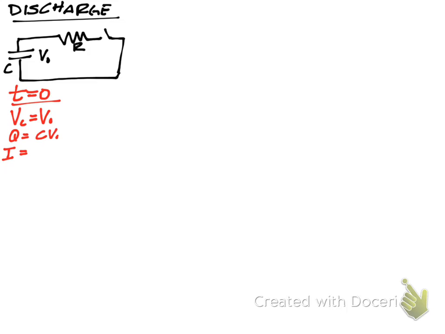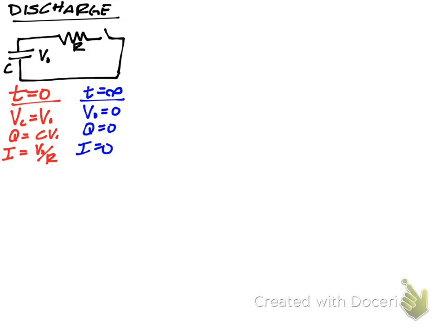So initially the current is going to be V0 over R. Now, as time goes on and this thing runs out, time is equal to infinity, the voltage on the capacitor is going to be 0. The charge on the capacitor is going to be 0. And the current in the circuit is going to be 0. We don't have any more push.